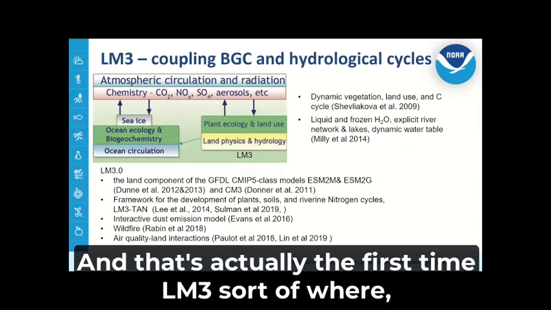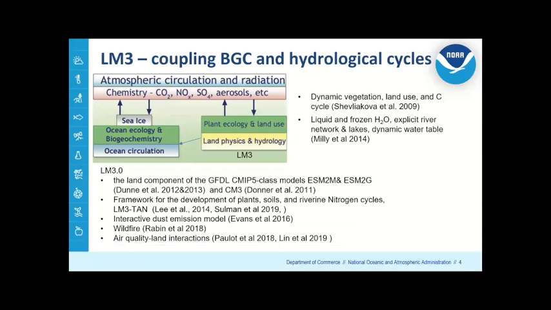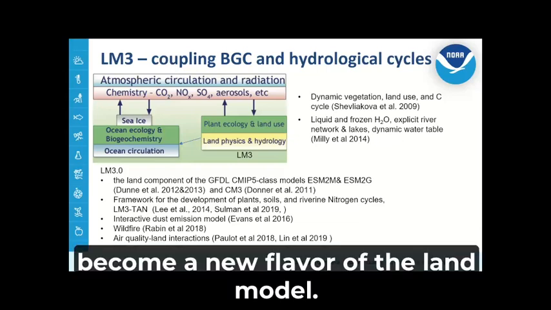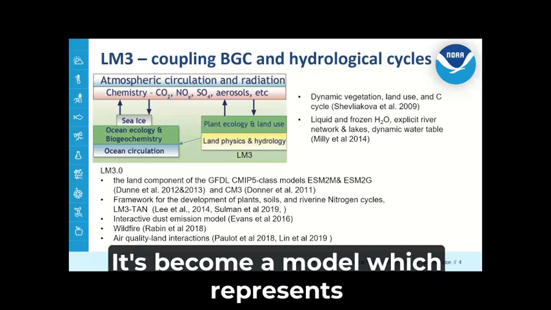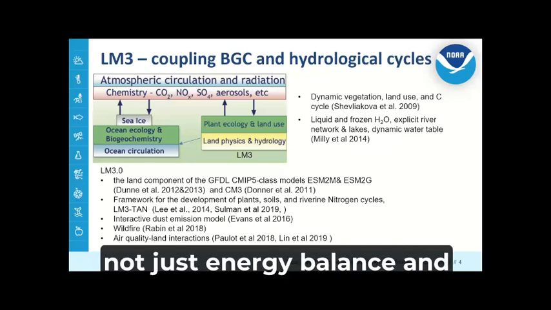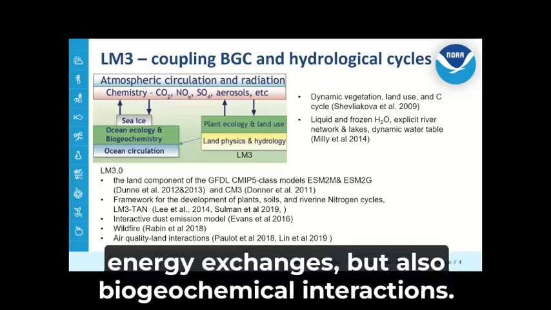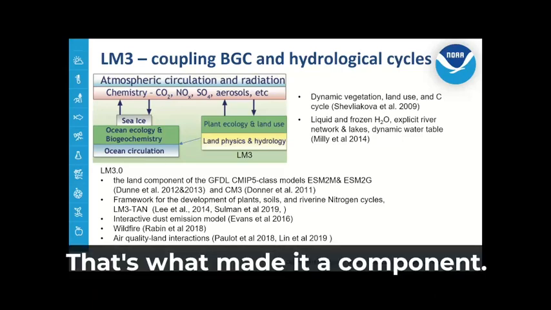That's actually the first time LM3 became a new flavor of the land model. It became a model which represented not just energy balance and energy exchanges, but also biogeochemical interactions. That's what made it a component.